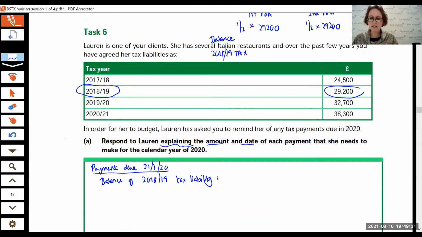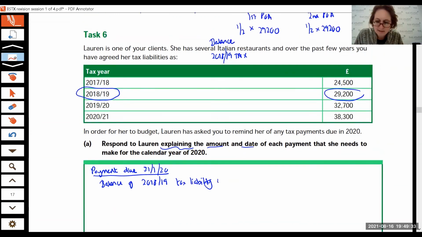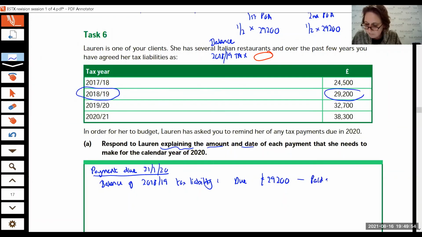And how much would that balance be? How much would she still owe where she has to pay this balancing figure here? Any thoughts on how I'd calculate that? Think about what the 2019 liability is. She's supposed to pay 29,200. So the total due is 29,200. What's she already paid? Well, she's paid payments on account based on the previous year's liability.